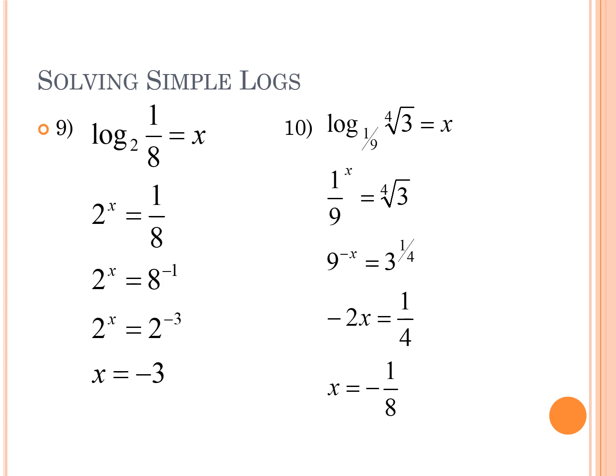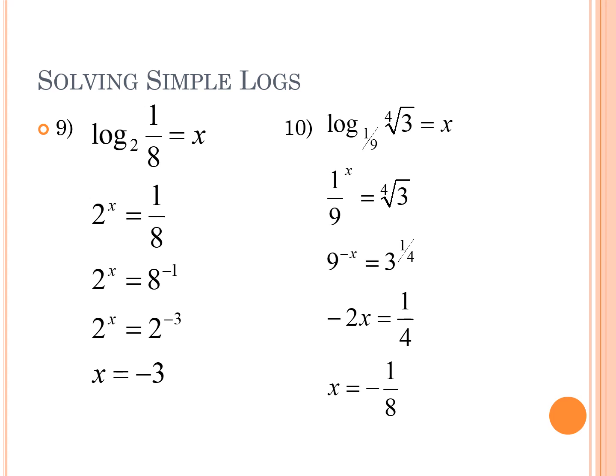For number 10 here, again, rather than having 1/9 to the x, I can just bring that 9 up and make it negative. And then rather than keeping it as a radical, I rewrote the 4th root as raising something to the 1/4 power. And so both of those are things that hopefully you recall from back in algebra.